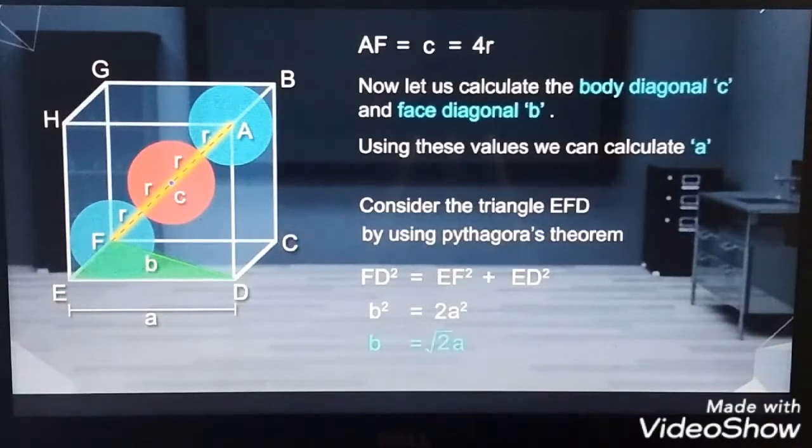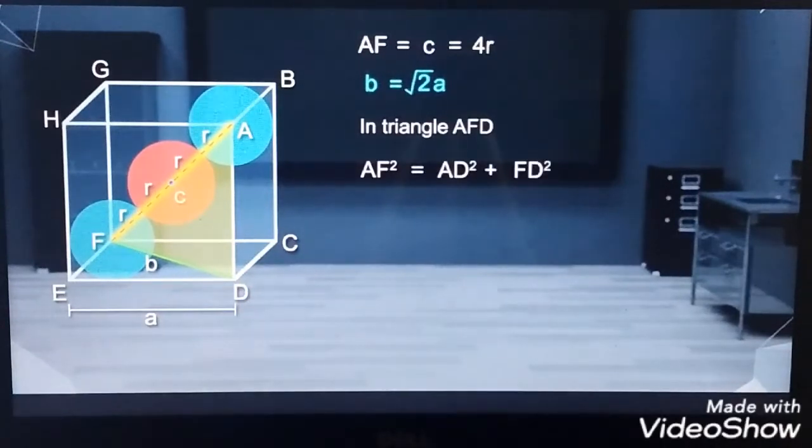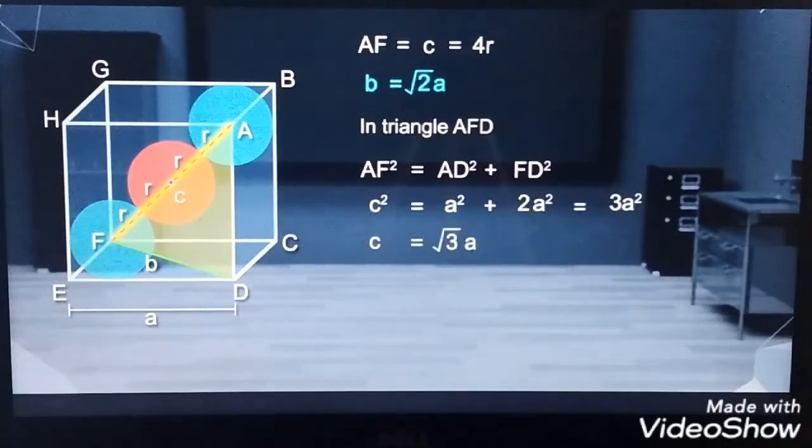Therefore, b is equal to √2 a. Now, in triangle AFD, AF² is equal to AD² plus FD². c² is equal to a² plus b². c² is equal to a² plus 2a², which is equal to 3a². c is equal to √3 a.